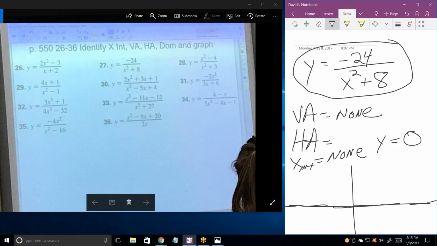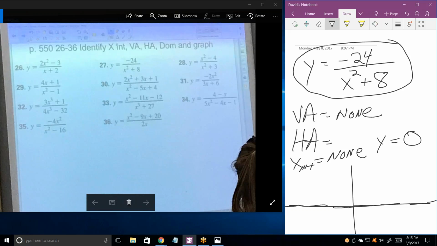Well, let's see. Any restrictions on the domain? Is there any number that x cannot be? So x is an element of all real numbers. There's not. So the domain is all real numbers. Now all we have to do is figure out how to graph it.